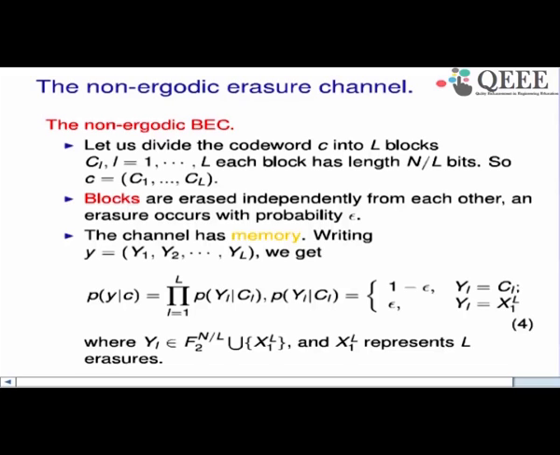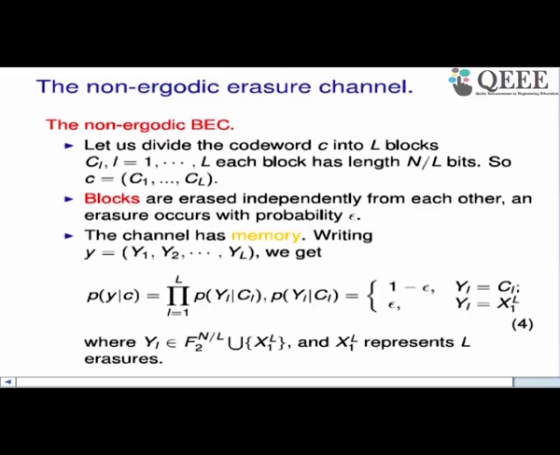Most of the practical channels where the mobility is small and there are a large number of scatterers are going to be non-ergodic. So this concept of the non-ergodic erasure channel applies to fading channels also. It's a very nice way of introducing it. Please remember the ergodic channel and the non-ergodic channel.